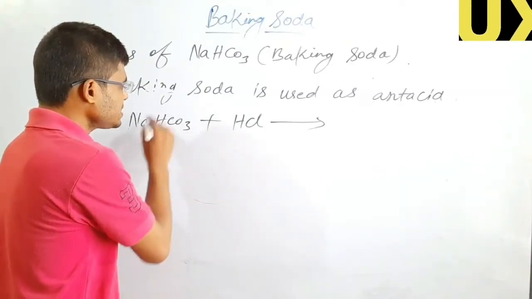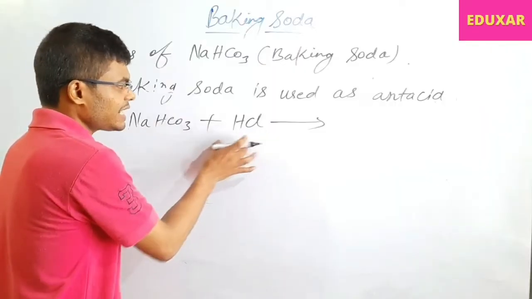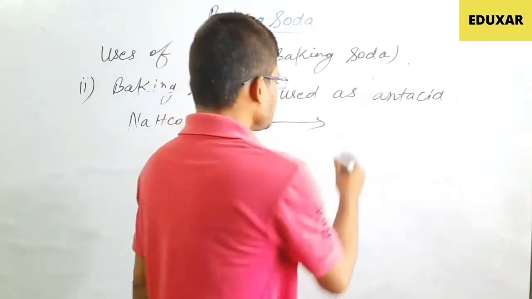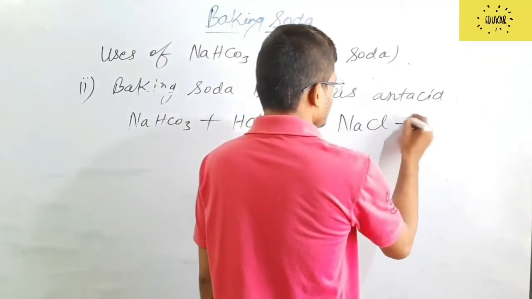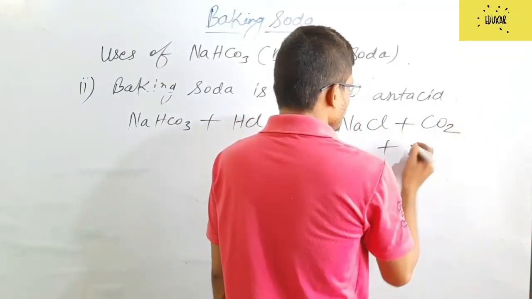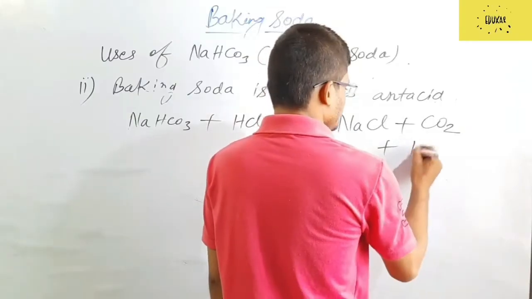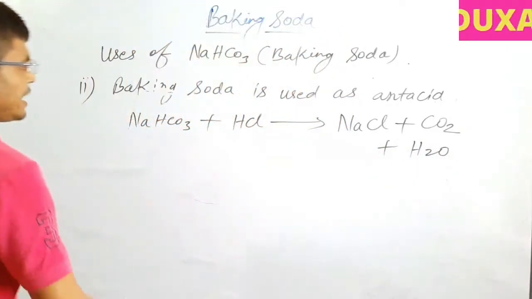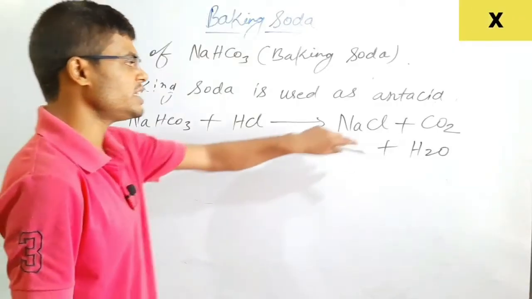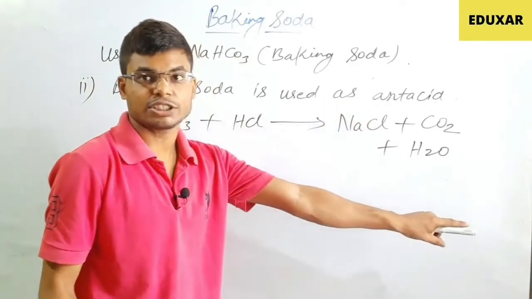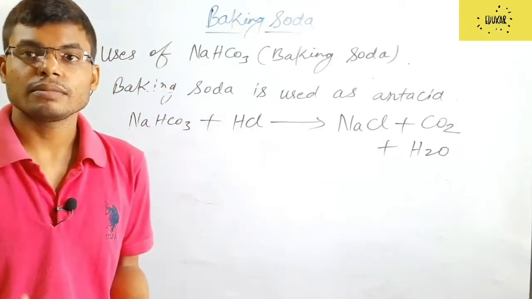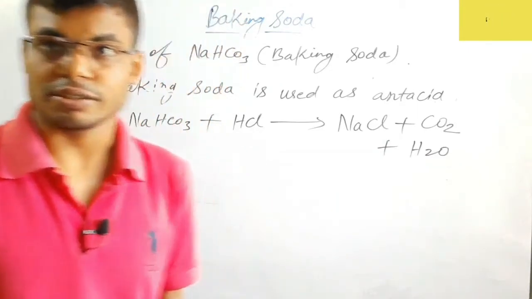Whenever the NaHCO3 reacts with the HCl in the stomach, it produces NaCl along with CO2 and H2O. By this process, the hydrochloric acid is reduced because it formed NaCl, CO2 and H2O, and we feel relief from the pain and irritation.